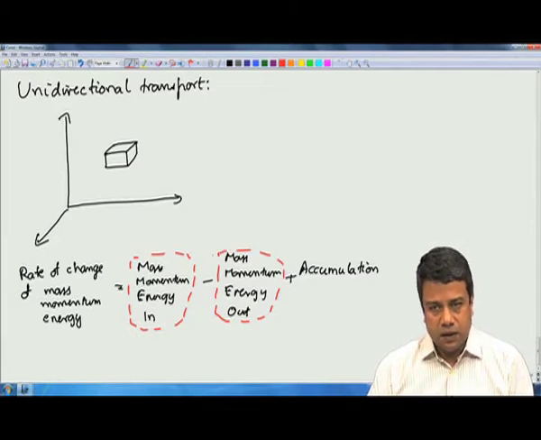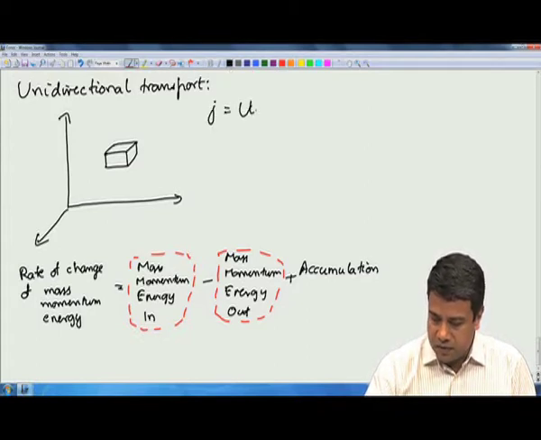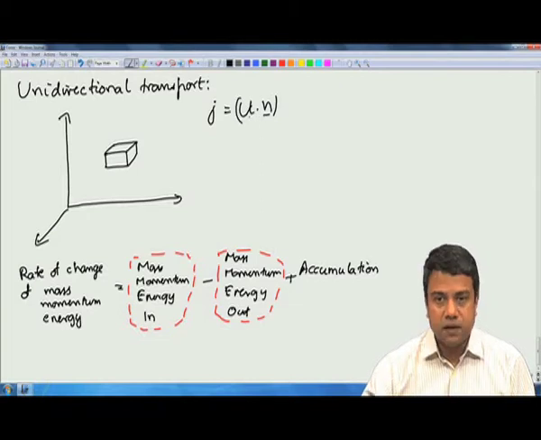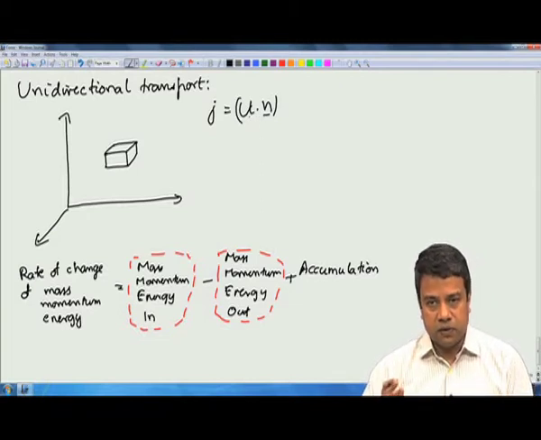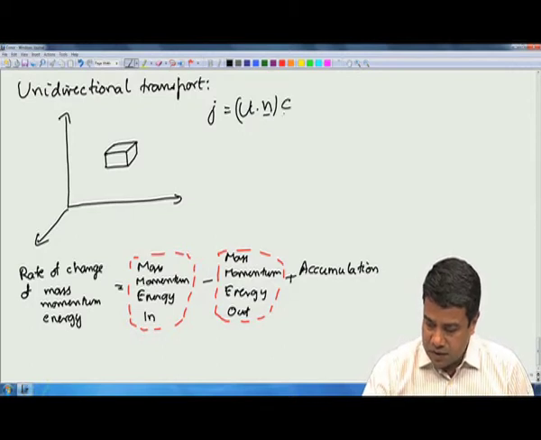In the case of convection, the flux J is just equal to u dot n, the velocity dotted with the unit normal to the bounding surfaces, times concentration density, energy density or momentum density.